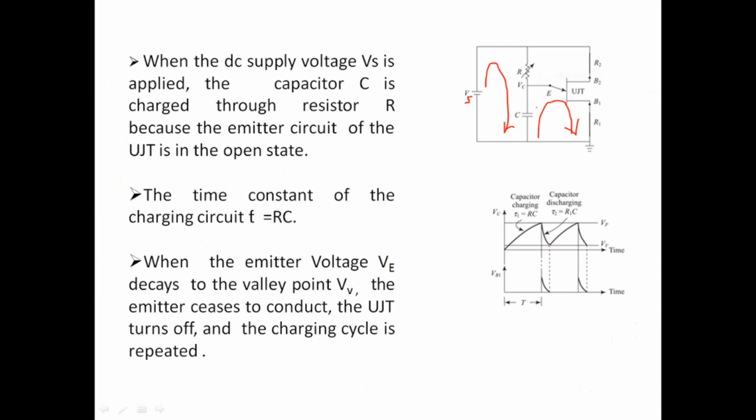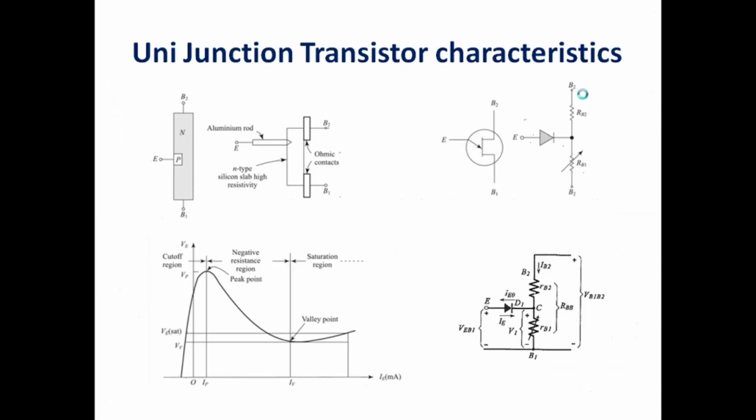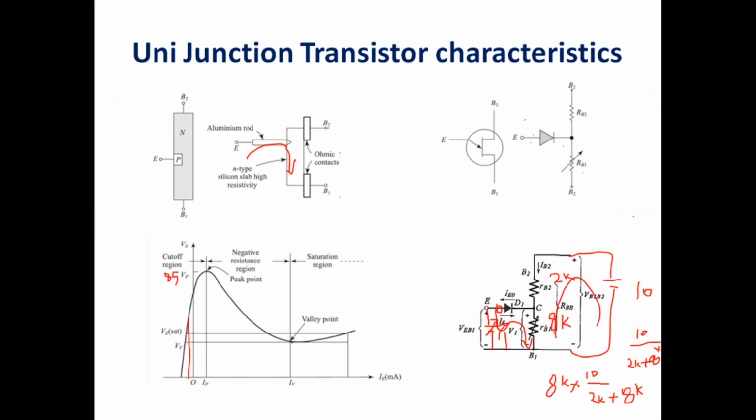Now this capacitor will discharge. How long? It will discharge until it reaches the value VV. Once it reaches VV, or if it is trying to come below VV, what happens? As I told you earlier, this resistance can reduce and has a minimum value like 50 ohm.